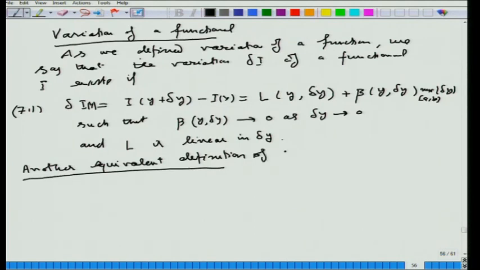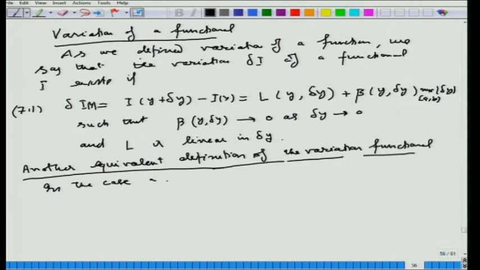For example, in the case of a function, we know that we had defined df equal to f prime(x) delta x, or the same thing as f prime(x) dx.